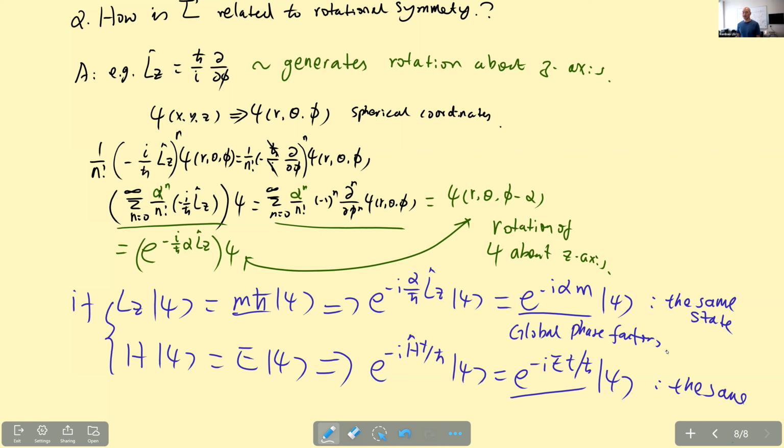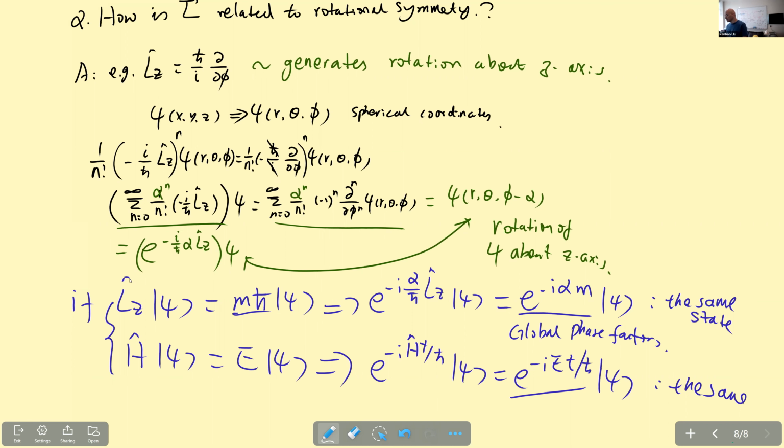Right. So if we have a system that's symmetric under rotation, then you can simultaneously diagonalize the angular momentum and the Hamiltonian. So the state can be rotationally symmetric and stationary. So in this case, Lz is now conserved, right?